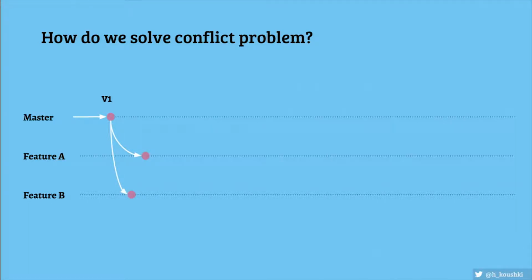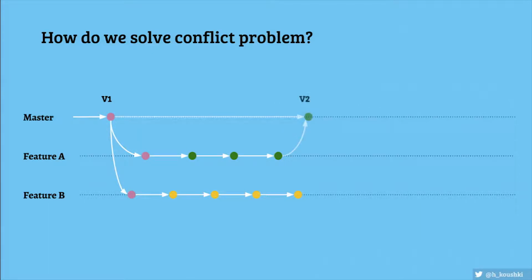Imagine we are starting feature A and feature B from master, and they are at the same Git hash. And of course, you have some commits in feature A and some others in feature B. But as soon as feature A is done and you move your task to done, Inflow is responsible for merging it to master.